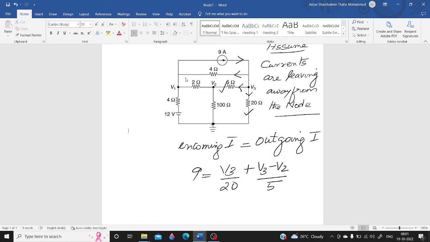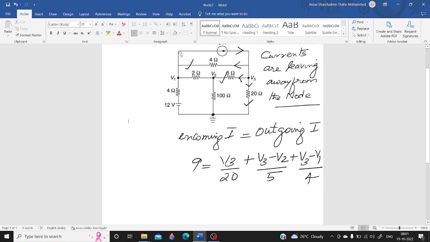Now I have to consider this branch, so that is plus V3 minus V1, because this point is at V3 potential and this point is at V1, divided by 4. Now the currents of all the branches are considered.